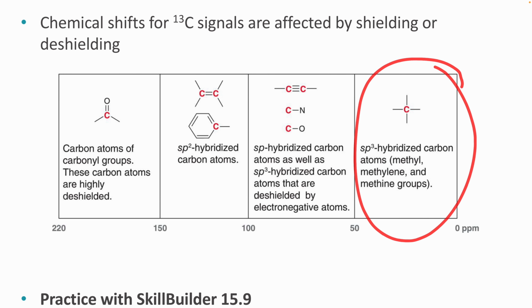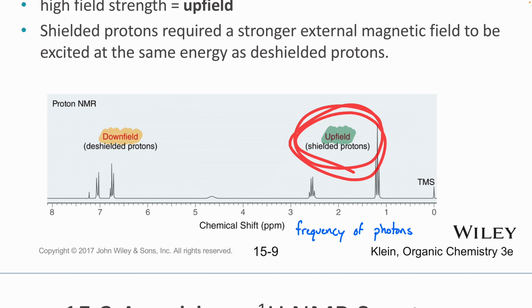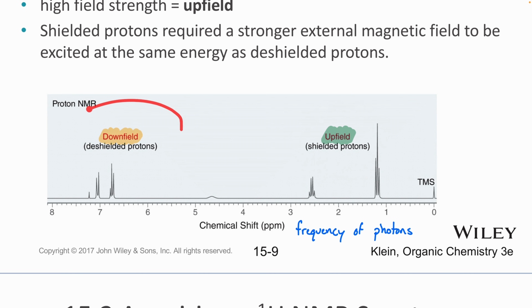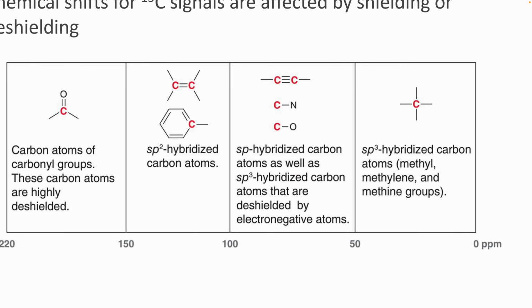Would this be upfield or downfield? It's kind of backwards from what I feel like it should be. All right, remember we called that the upfield portion of our spectrum. All the way to the left is downfield. All right, so our sp3 hybridized carbons absorb upfield.